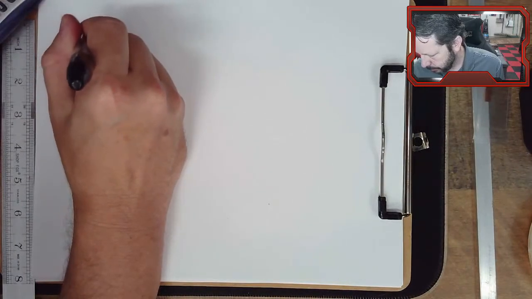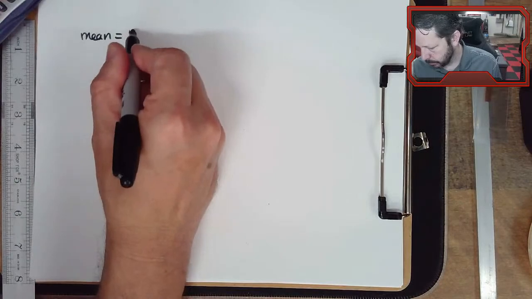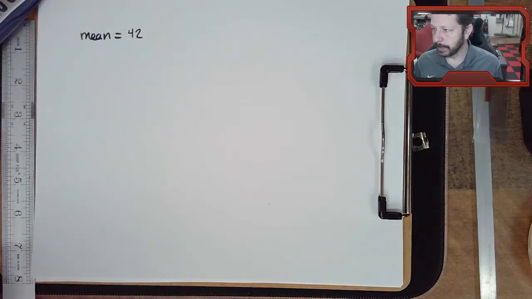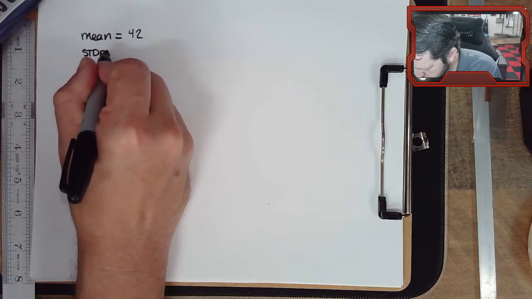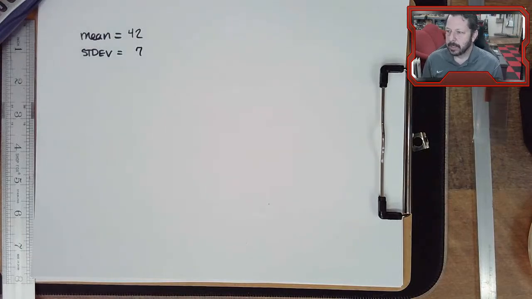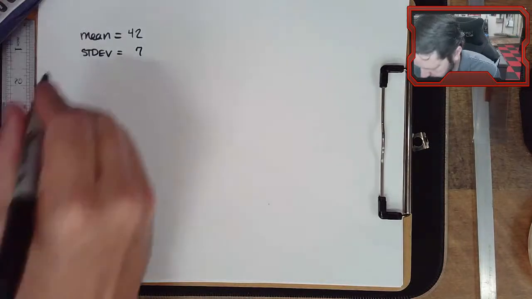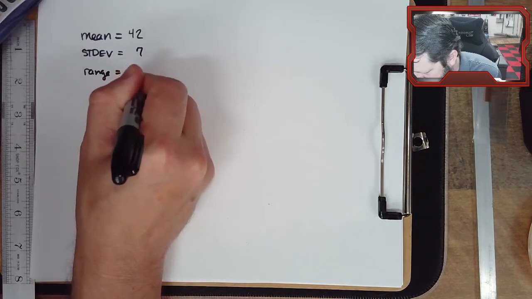So now we have a mean equal to 42, so we've moved the mean over a little bit. Standard deviation 7. We want to know the range that corresponds to 66%. I'll tell you what I mean by that in a second.